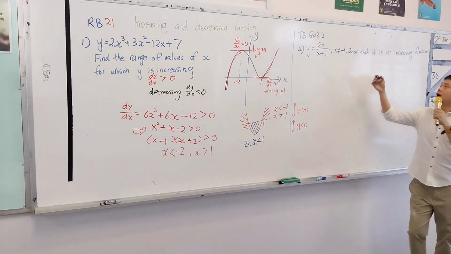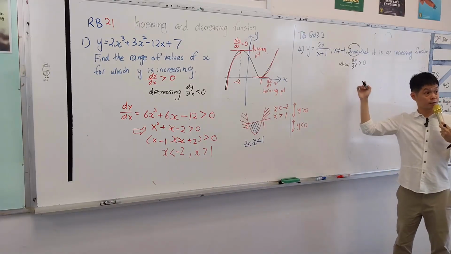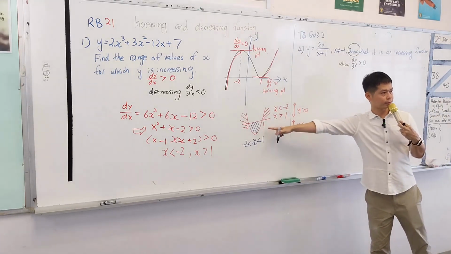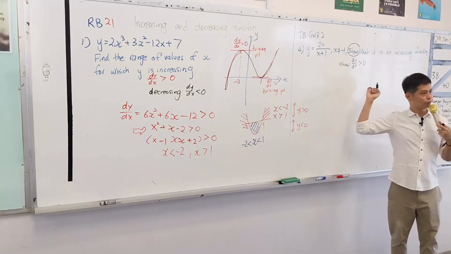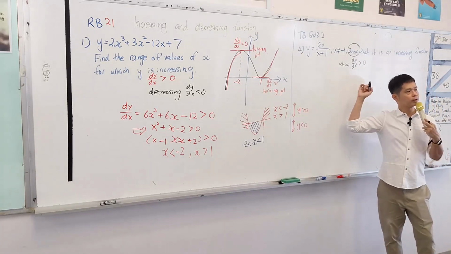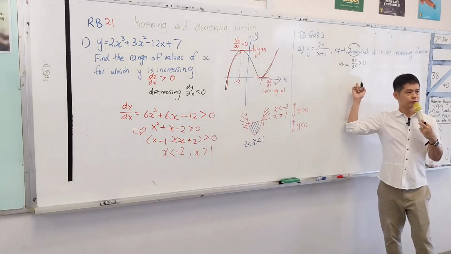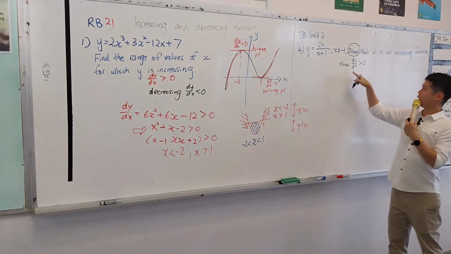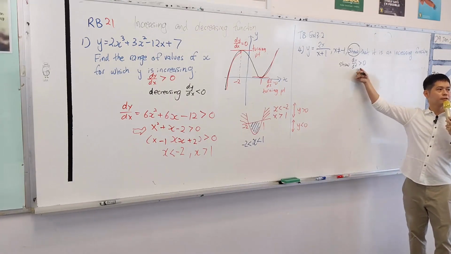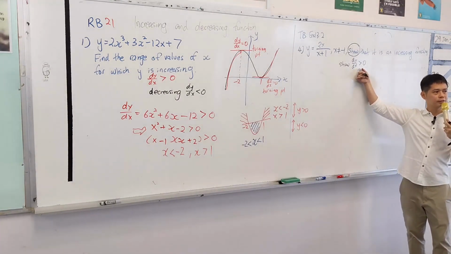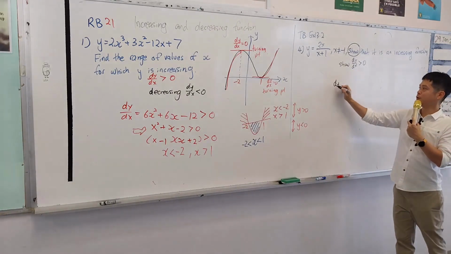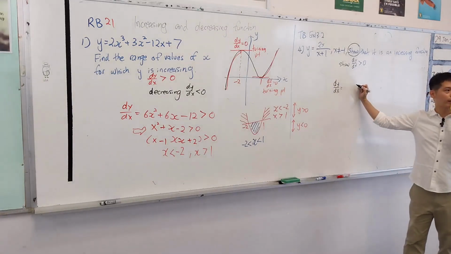Okay, second type of question. There are two types of question. One of them is to find the range of values of x. The other is to prove that a function is increasing or decreasing. So I need to show this. What do I need to do first? dy/dx. What rule do I use?